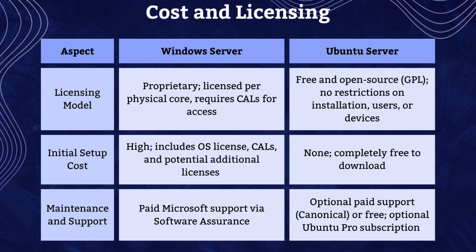Organizations can rely on free community support and robust online documentation, or opt for paid professional support packages through Canonical, such as Ubuntu Pro, for guaranteed security patches, extended maintenance, and advanced features. This means you can tailor support costs and models to fit your needs and budget more precisely.